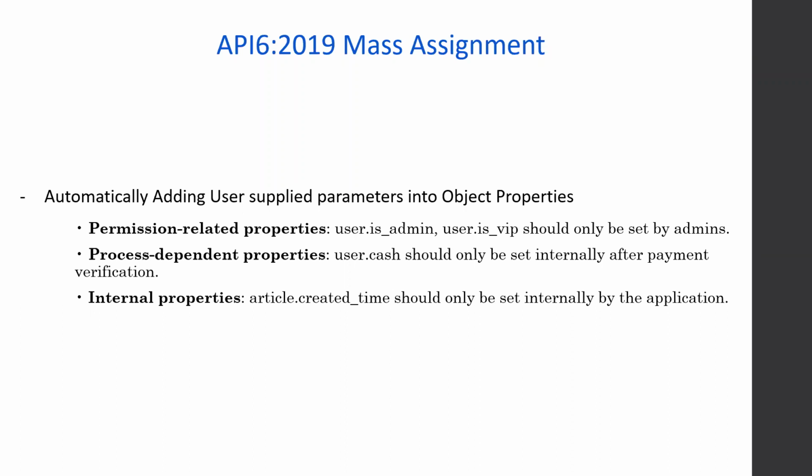So what sometimes developers do is they create an object directly from the user's data as it is. Like there might be some function call involved that says to JSON and just pass it in the object creation function.